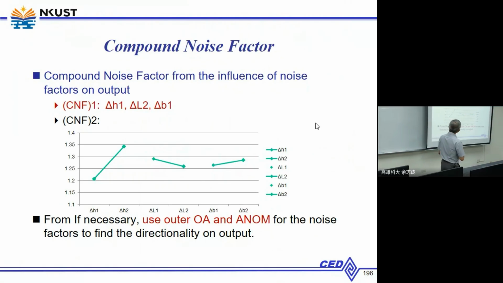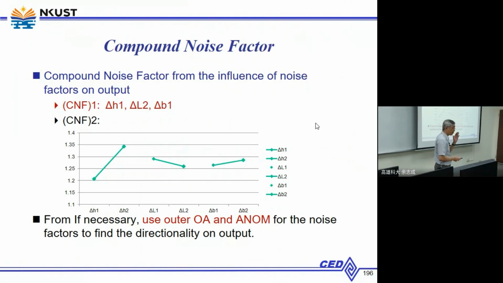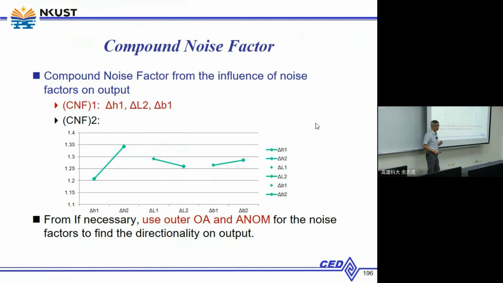If you already know the direction, based on the influence of the noise on the average output. How do we know the influence of the noise on the average output? If you have an effect plot like this one, where the effect stands for the noise, you will know delta H is the influence of the thickness, delta L the length, delta B the width.